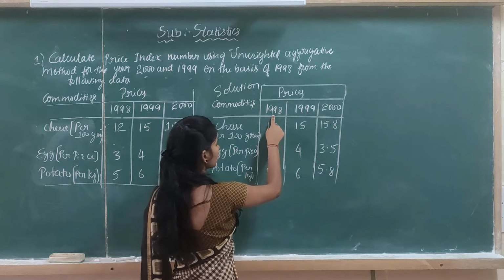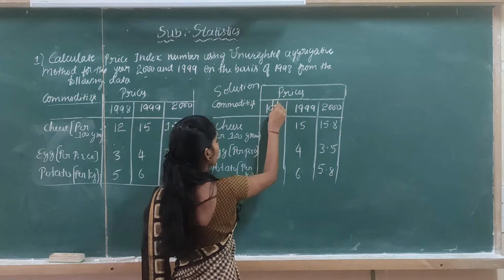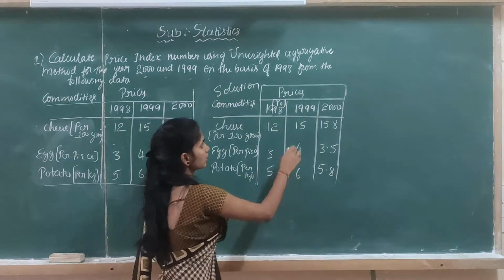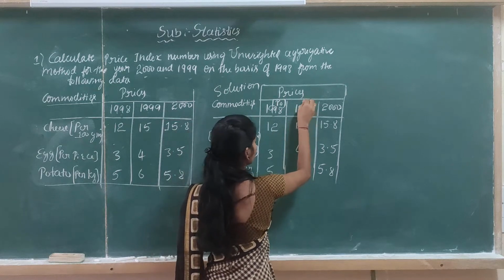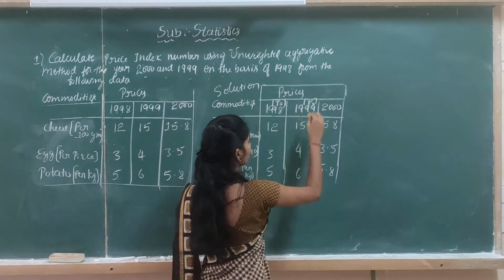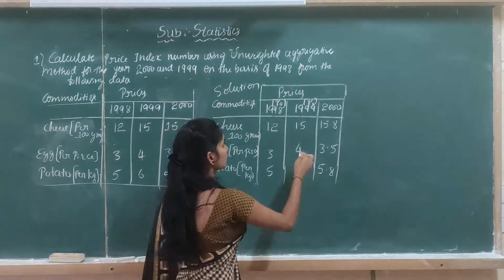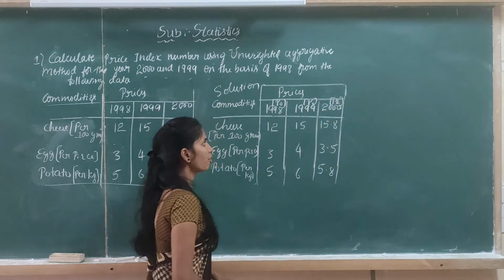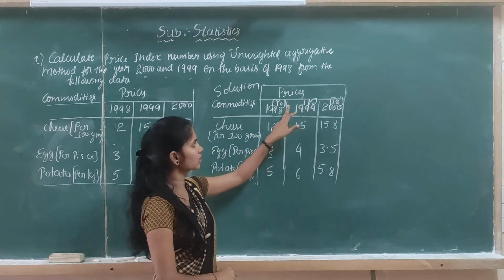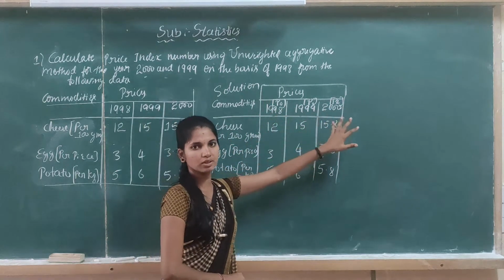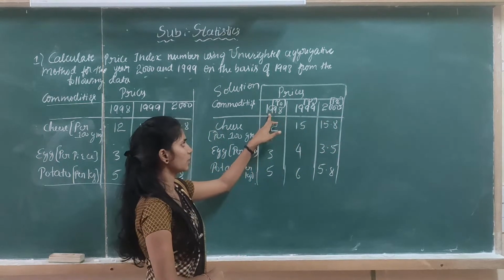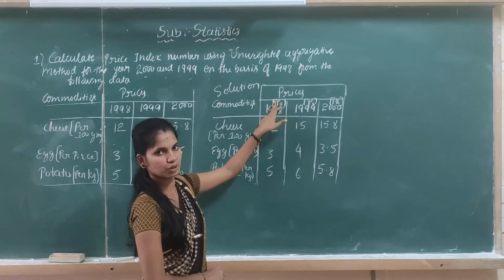So we consider 1998 as P0 and 1999 as P1 and the remaining 2000 is considered as P2. So for P1 the base year is P0. For P2, the year 2000, the base year is 1998, that is P0.